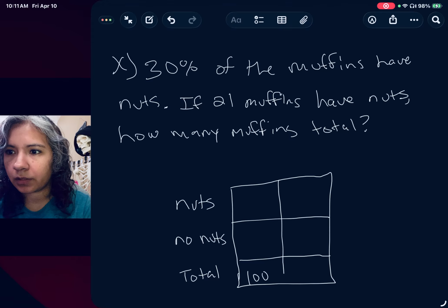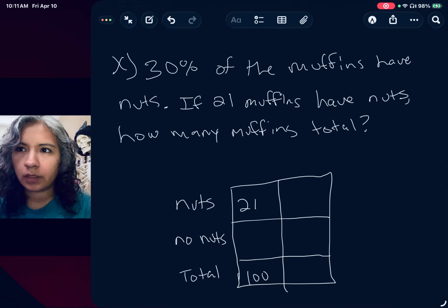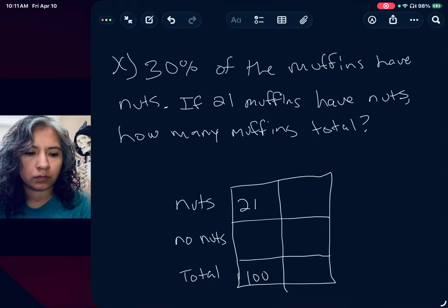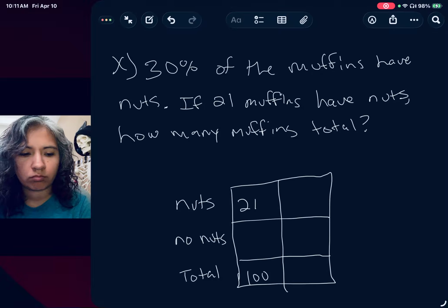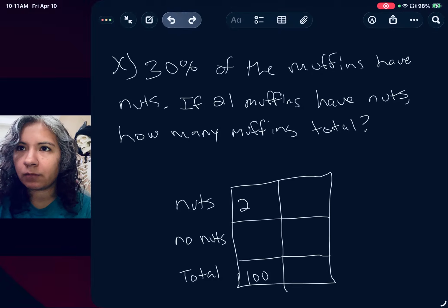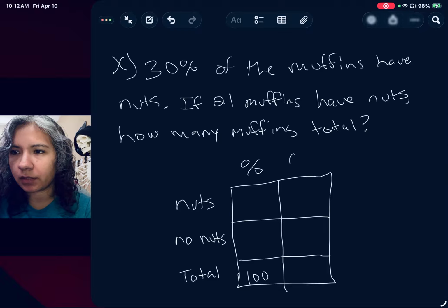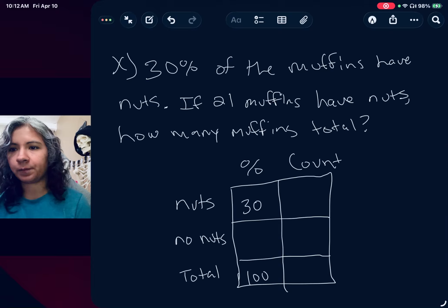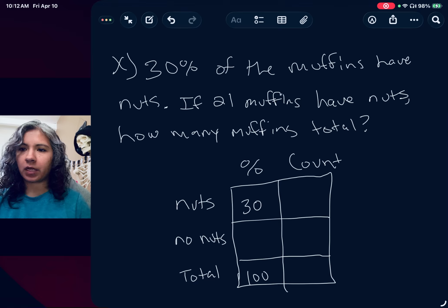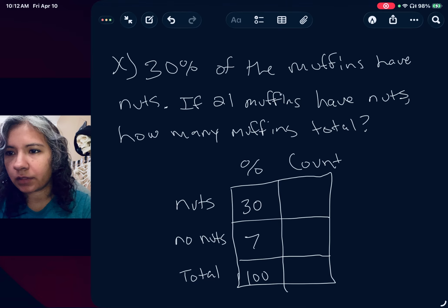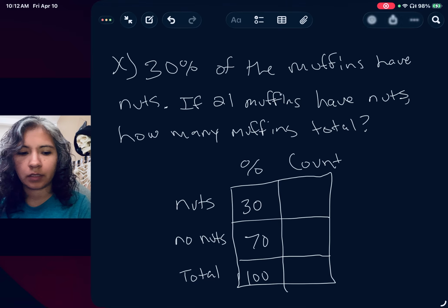We know that 21 muffins have nuts. Oh, actually, we'll do this as the percent and this is the count. So we said 30% have nuts. So 100 minus 30 is 70. So 70% have no nuts.